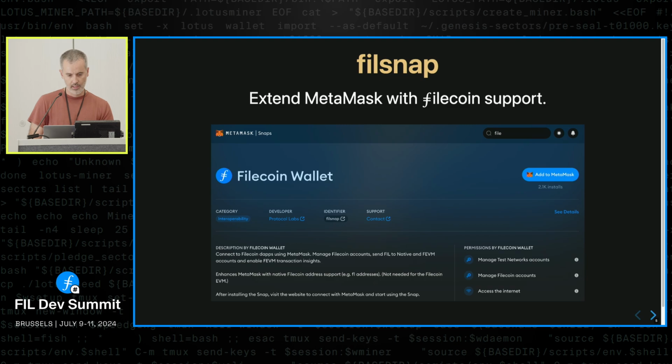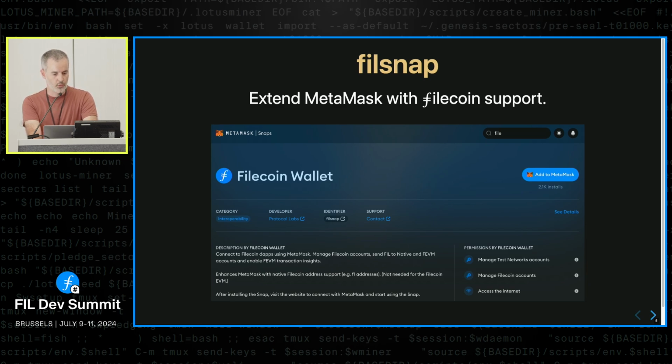So the first high-level tool that I'm going to talk about is FileSnap, or the Filecoin wallet on MetaMask. I don't know if you ever interacted with MetaMask snaps. It's a way to extend MetaMask beyond Ethereum and EVM.